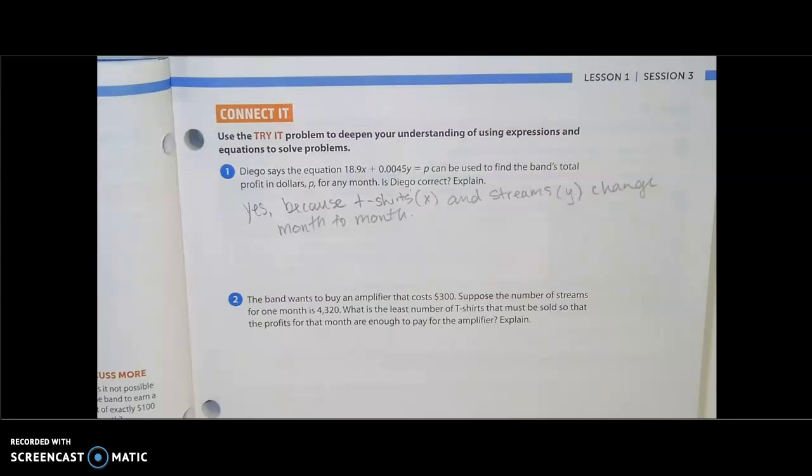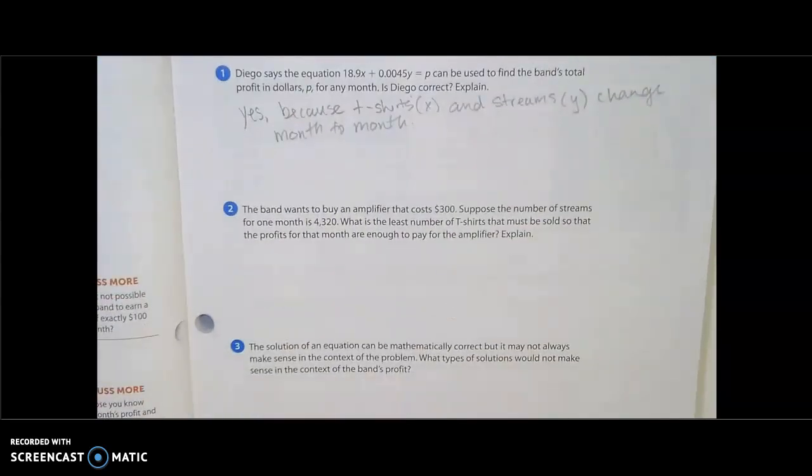One has to be one variable and one has to be another variable. And we don't have to call them x and y. We could call them T and S for t-shirts and streams. But yes, because the t-shirts and the streams change month to month, it is a wonderful way of writing how we could find our profits.